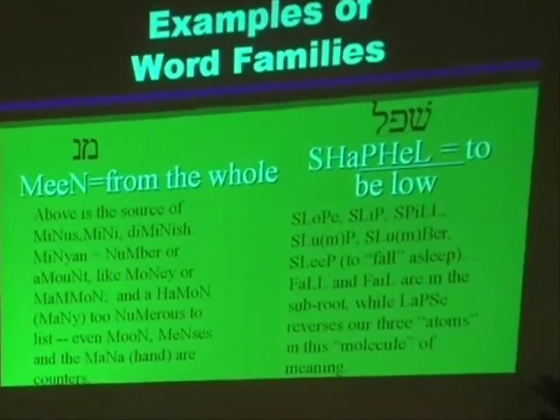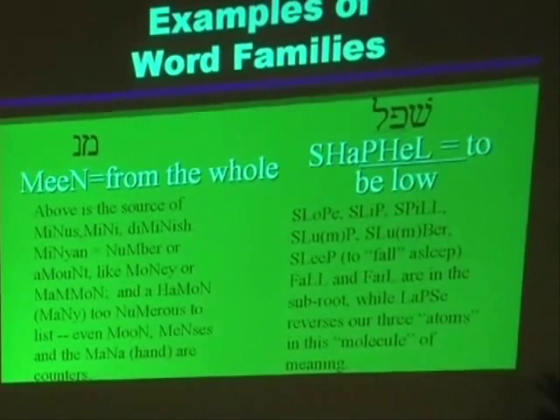You will find some of the letters in this root in the words spill, slip, slump, slumber, sleep. So even though they're not directly derived from shafel, the roots are. The roots are being changed into pronouncing it differently and creating a new word that is similar in its action that is being performed.